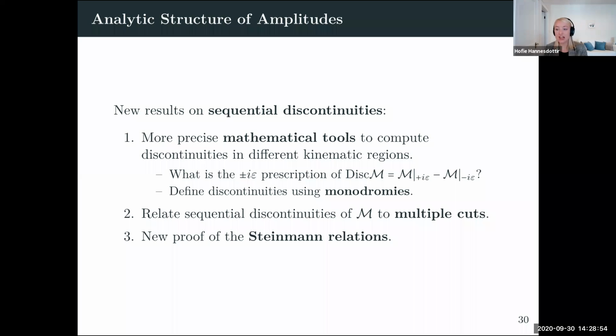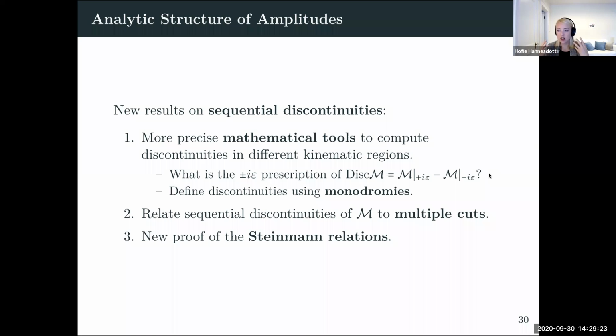First of all, we realized when starting to address these questions that we needed more precise mathematical tools in order to compute these discontinuities in different kinematic regions. And the reason is that if we define the discontinuity of the amplitude as the difference between the amplitude with all plus iε and the amplitude with all minus iε, so we're computing the difference across the branch cut, then that function just lives on the branch cut.